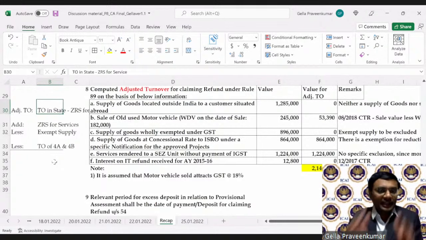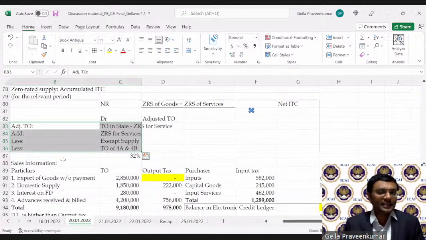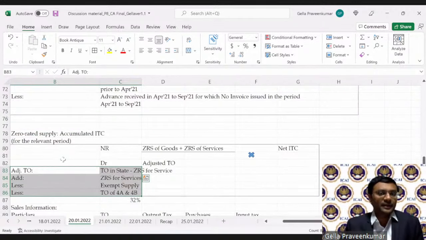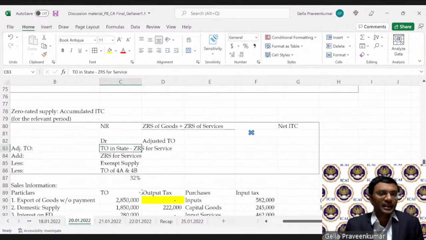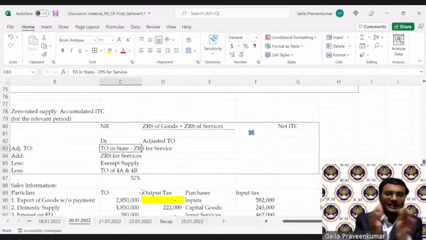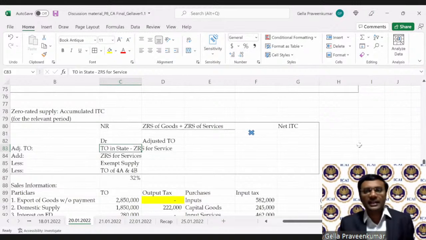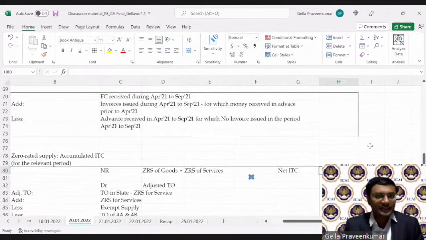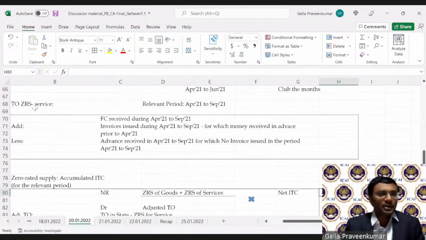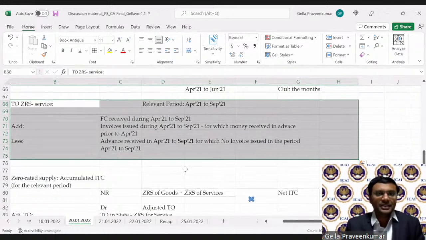So I recommend you recap what we have discussed in relation to zero rated supply of services, Namita. There was a clear slide, if you recollect, after the break, I'll just take you through that slide where there are 3 elements to take into consideration. You remember this discussion, Namita?